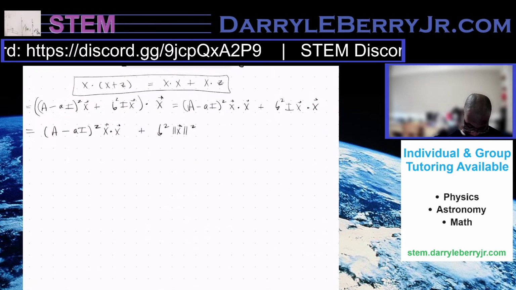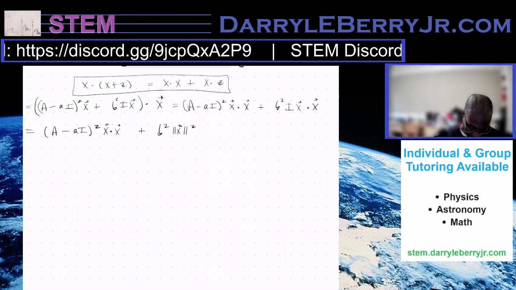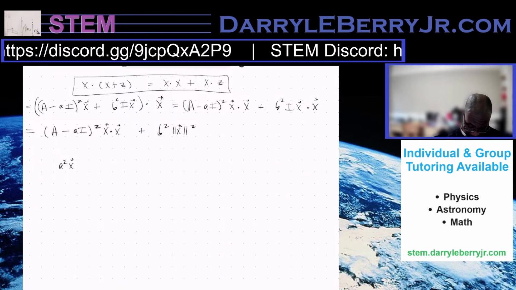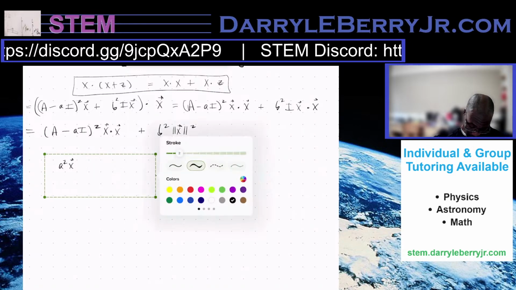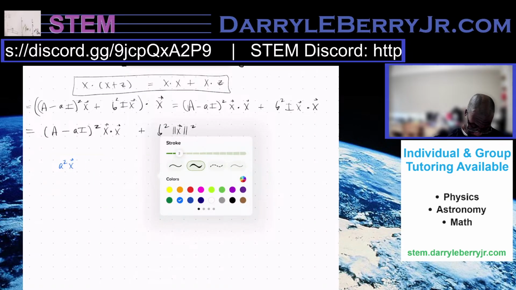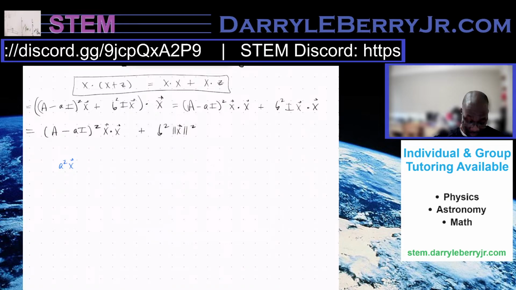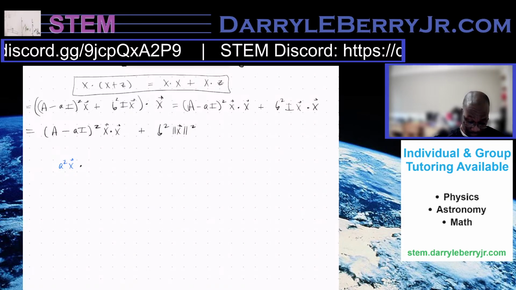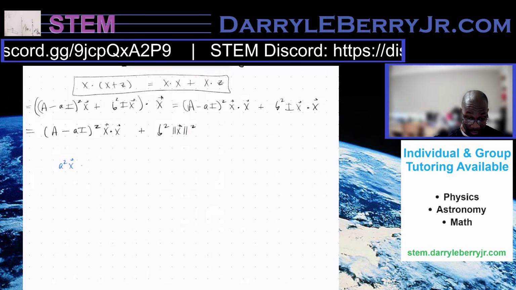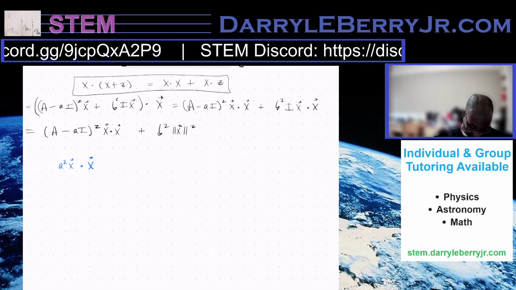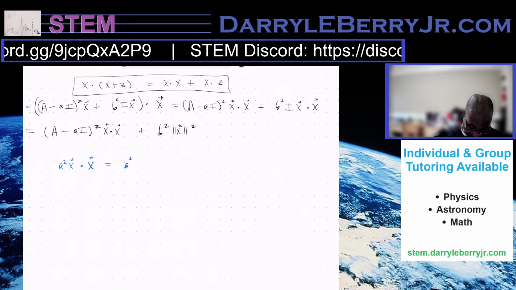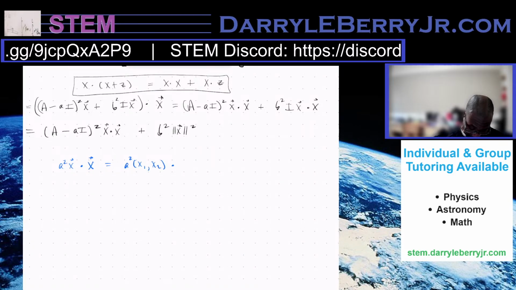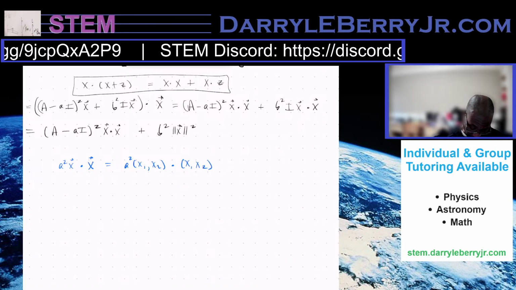Okay, so we have a squared x, and that x is going to be a squared x1 x2 dot x1 x2.